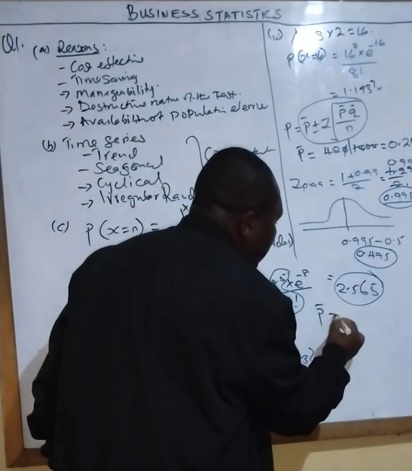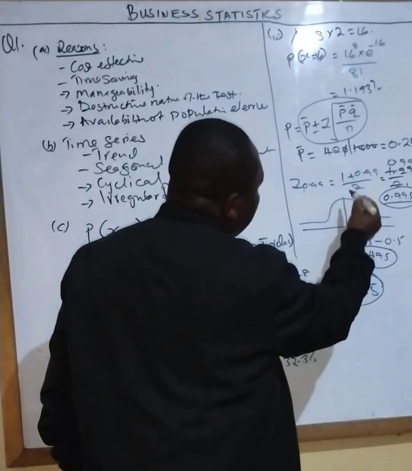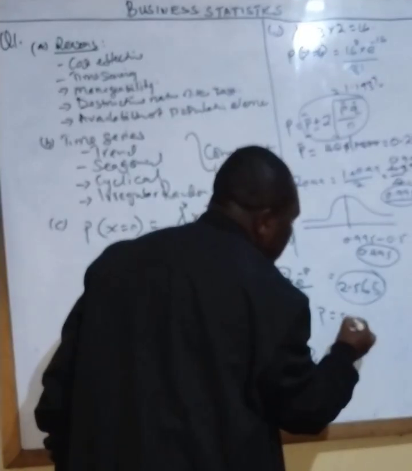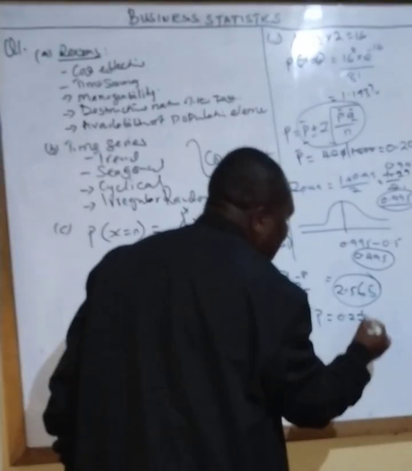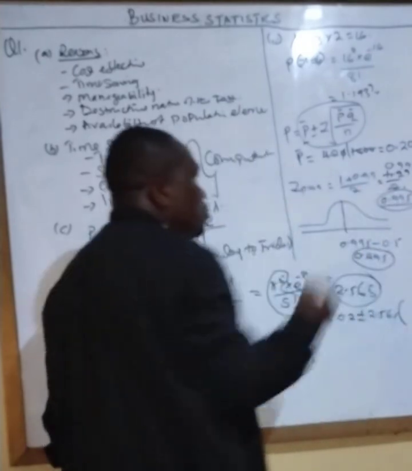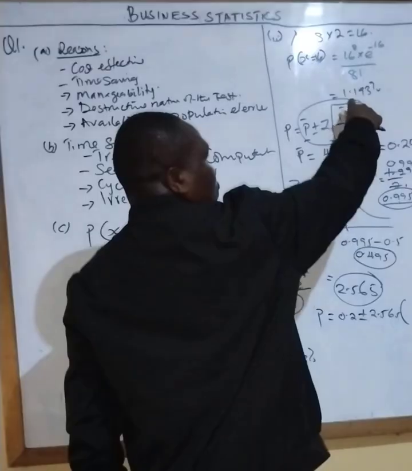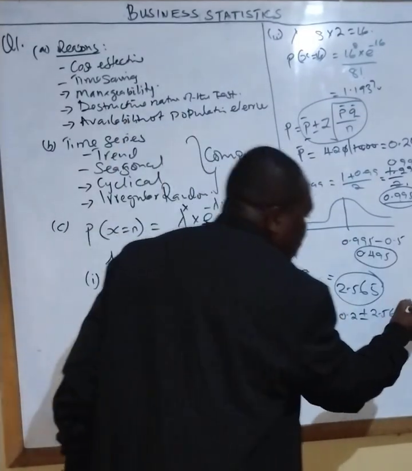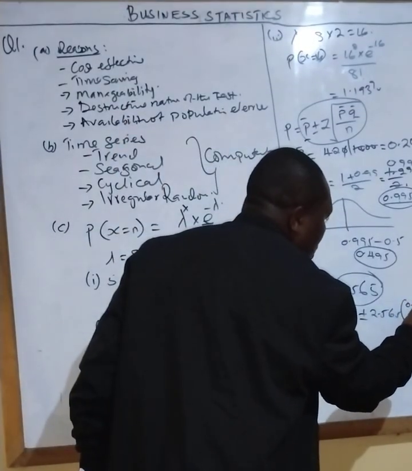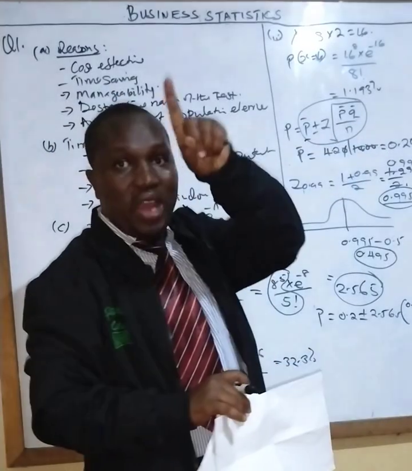Your proportion in this case, in the formula, P is found to be 0.2 plus or minus Z, which is now 2.565. Then you multiply by the square root of P, which is now 0.2, plus Q, which means the remaining, so that it now gives you one figure.